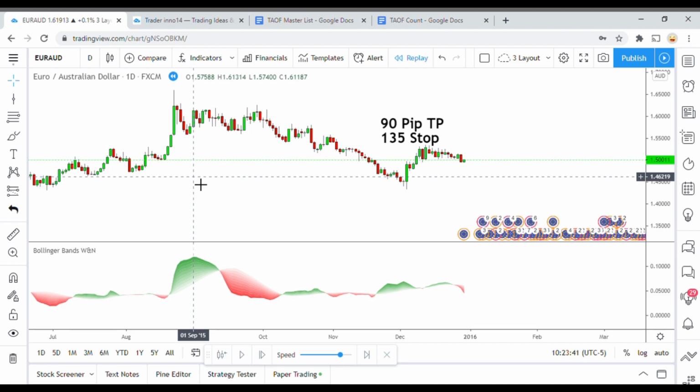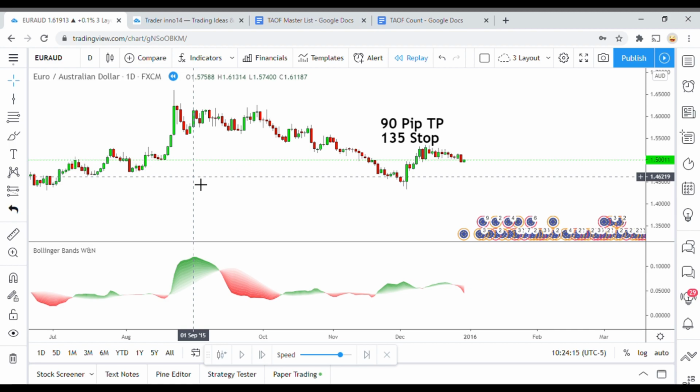Now, the Bollinger Band wide and narrow indicator. Basically what it is doing is reading when the bands are expanding and when the bands are contracting. That can be useful in a few different instances. It can give you an idea of when momentum is coming into the price action.